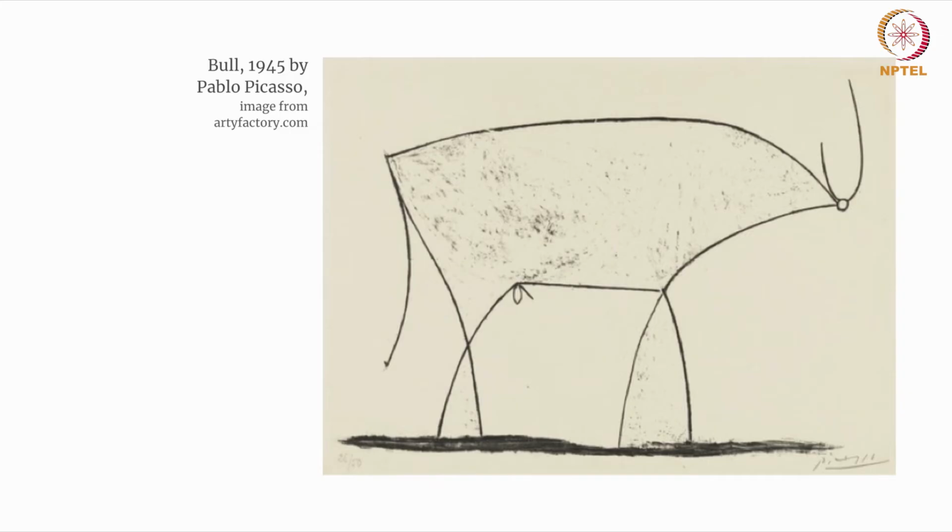If you look at this representation, just using few lines, the artist is able to suggest an animal form with almost all its characteristic features, the basic features which help to identify it. So to look into this kind of style, I would suggest if you have kids in your house, just ask them to draw certain figures.